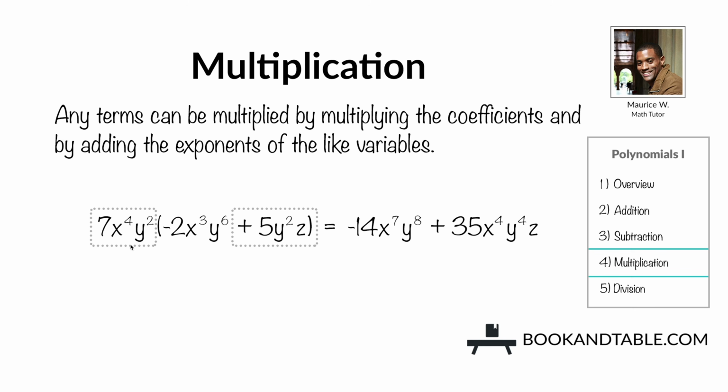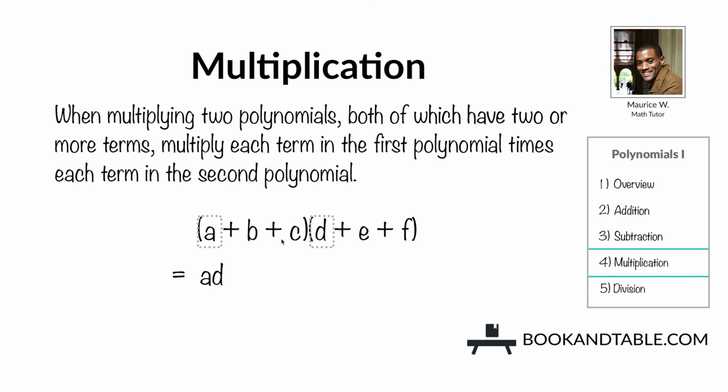So if you have a monomial times a polynomial, you multiply the monomial times each term in the polynomial. Similarly, when multiplying two polynomials, both of which have 2 or more terms, multiply each term in the first polynomial times each term in the second polynomial.